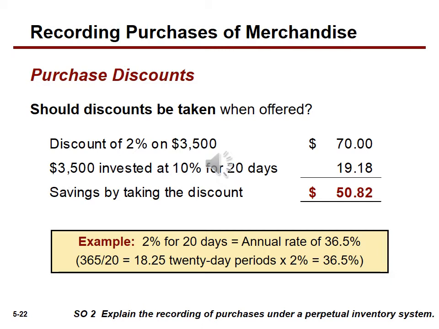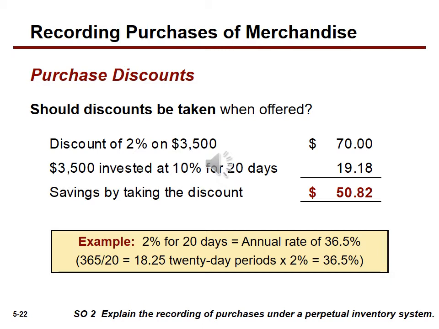So if you can get a return higher than 36.5% on your investments, then it would be wise to not take the discount and just wait until the last day of the allowed period for payment and then settle the payment then. But as you can see, that is really not realistic.